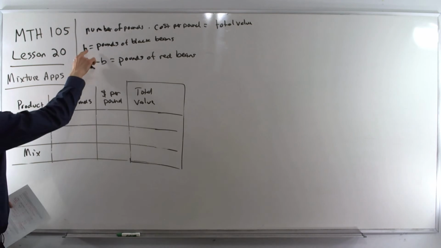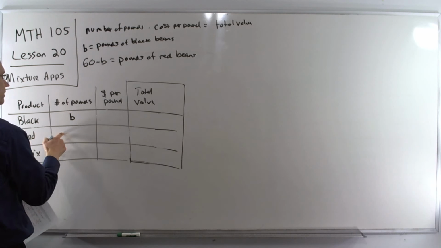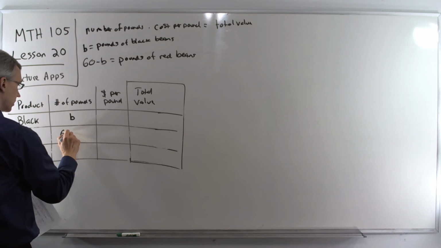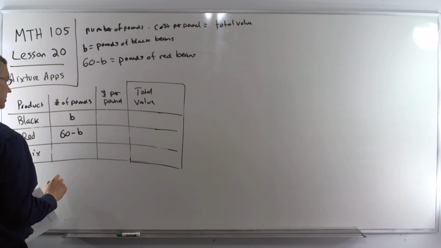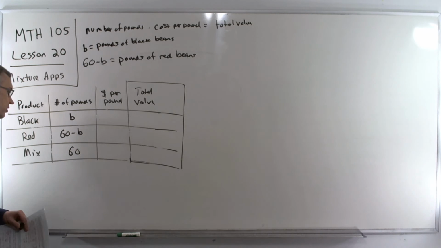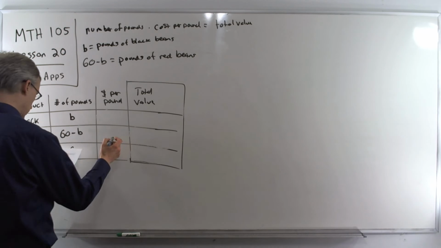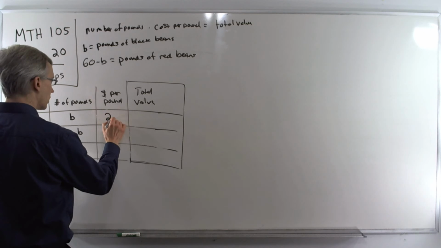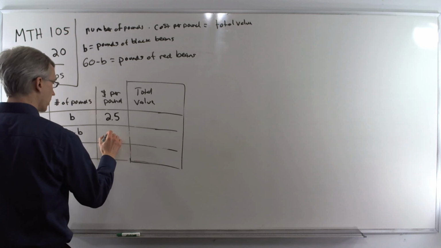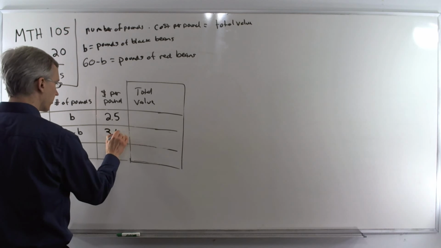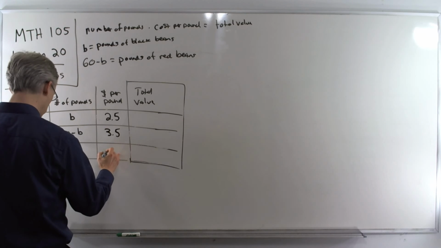So for black beans, the number of pounds is B. Red beans, 60 minus B. And the mix, we know that's going to total 60 pounds. Now dollars per pound, that's given. 2.5 for the black beans, 3.5 for the red beans.